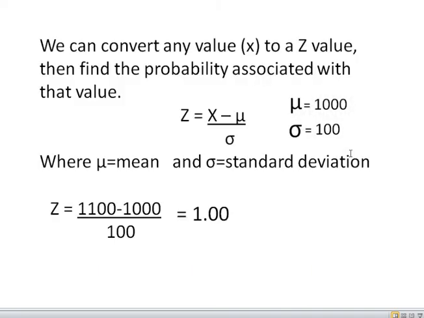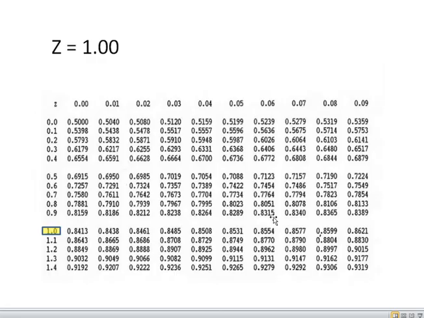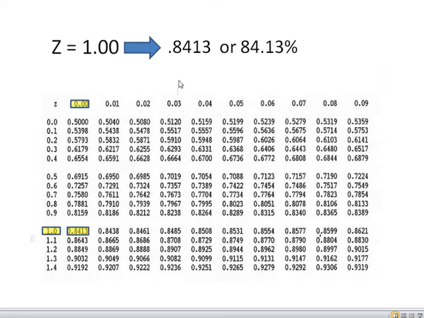So let's take a look at how we would solve this. We would actually set it up exactly the same way. We put in 1,100 gallons minus the mean of 1,000 divided by 100. This would give us the same z value as before, which is 1, which we would then look up on our z chart, and we would get 1.00 with a probability of 0.8413.